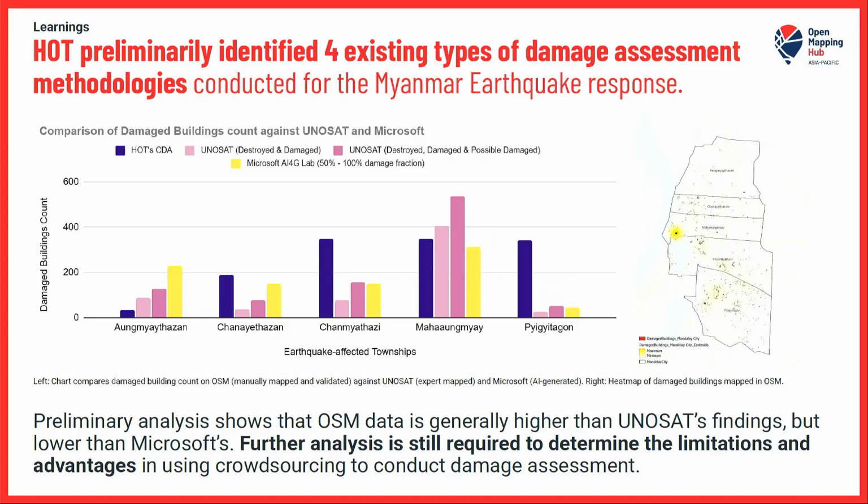As you can see, comparing our results, the CDA approach generally has higher data compared to UNOSAT, but lower than the Microsoft one. This is very interesting. We don't have the accurate insight yet. Currently, we are doing further analysis to determine why this is the case. You can check our report later on.